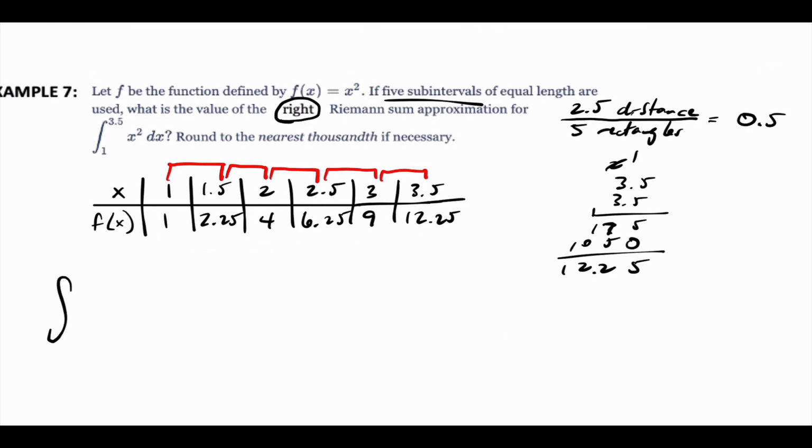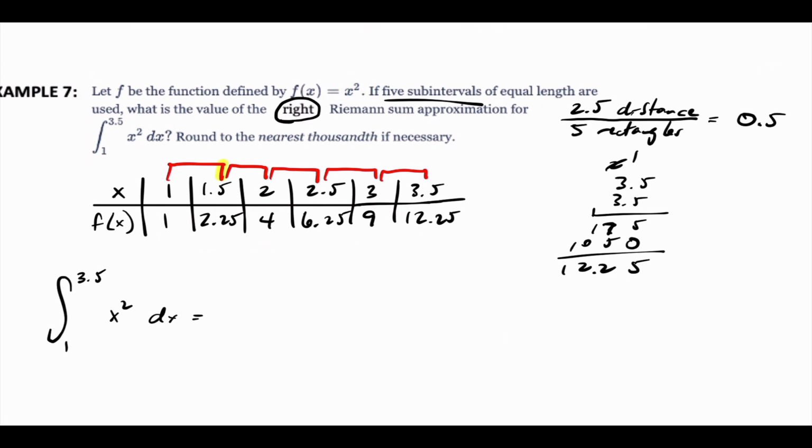Okay, so the area from 1 to 3.5 for x squared dx, this is RAM. So what side of the rectangle is going to determine the height? The right side.